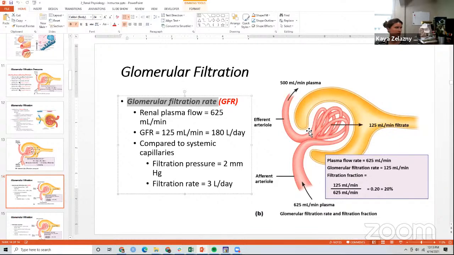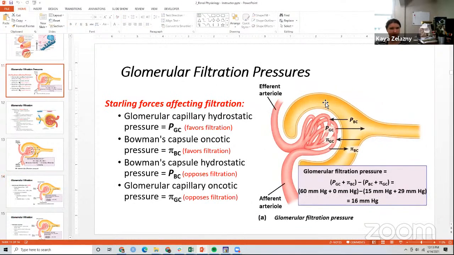The reason we care about these filtration pressures is because how much flow there is through a nephron matters for the renal handling of water and these ions we've been talking about. The filtration pressure is part of how that's getting controlled, and part of why we see all the effects at the end here with these hormones, even though I'm not going to ask you to go super in detail into the explanations.